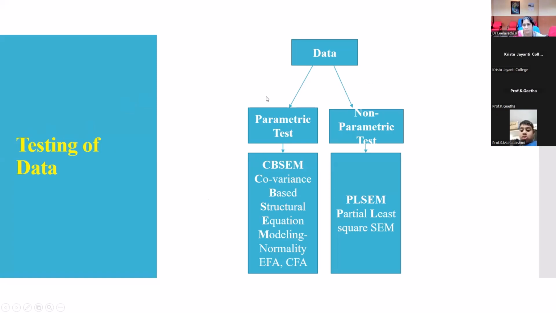Now, testing of data. When we are testing the data, there are two types: parametric test and non-parametric test. Many research scholars are now using SPSS for covariance-based structural equation modelling.